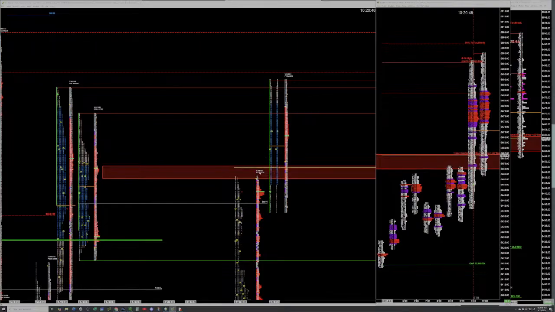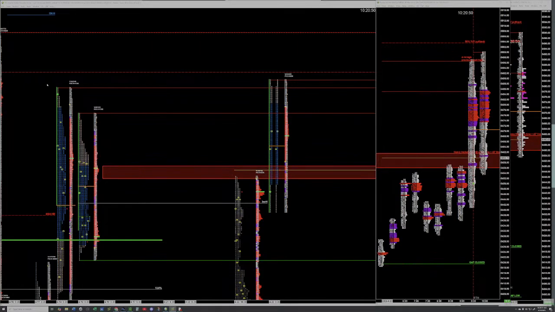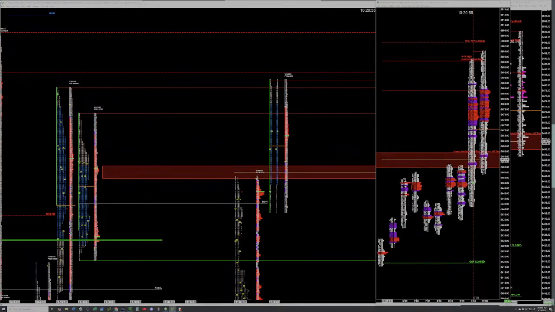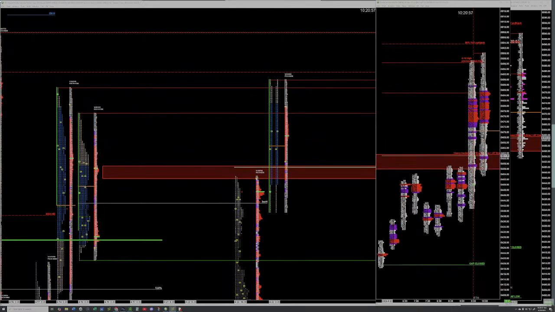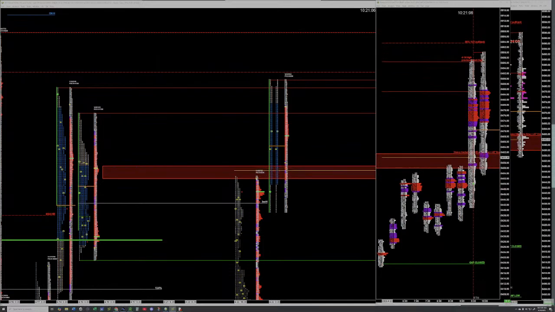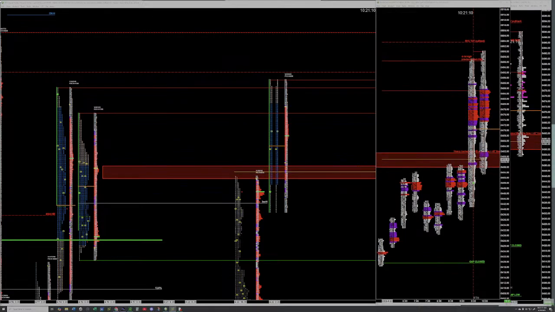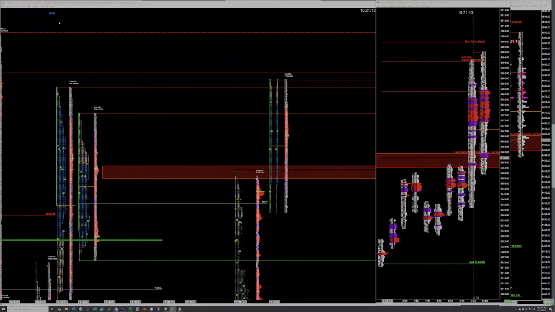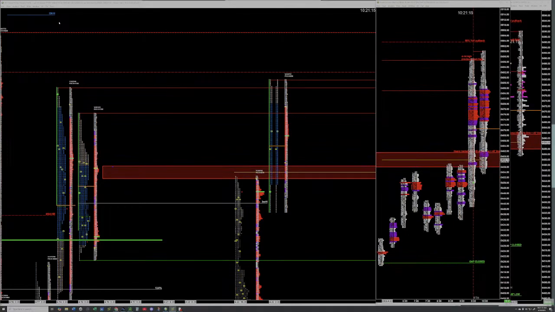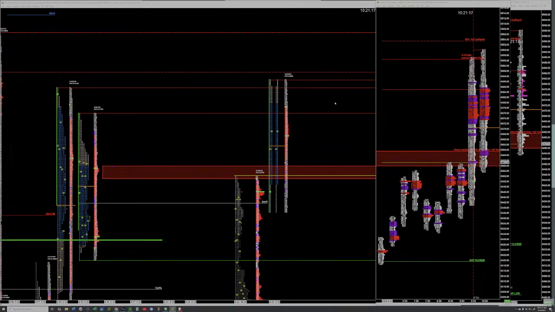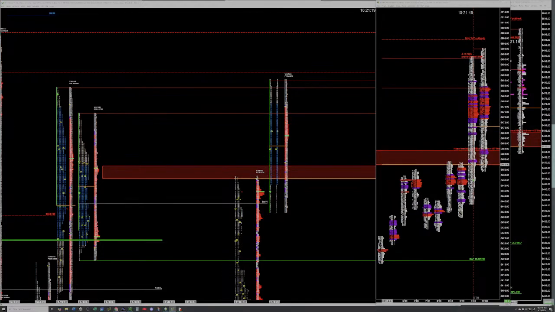This is also the high. Remember where this is? This is the overnight high. The most important area is this one up here. Look how it dries up here.